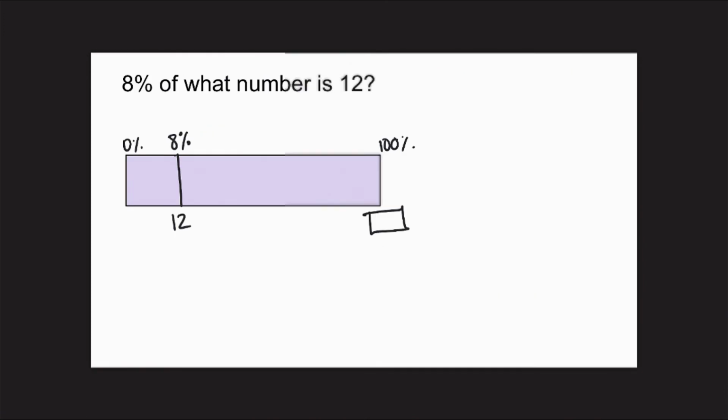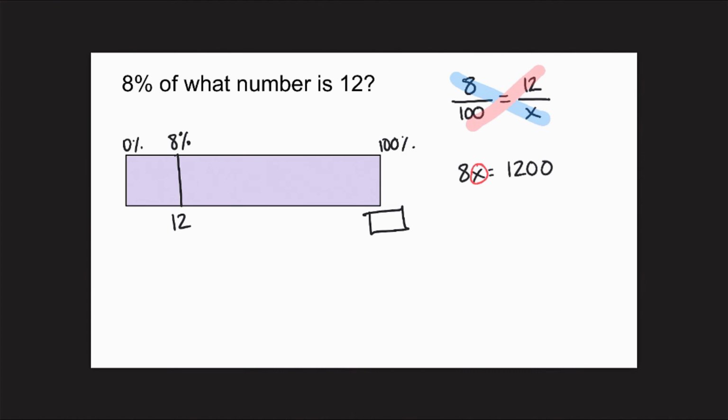So now that I know that, I'm going to make a proportion, starting with my percent. 8% is the same as, what do we know? 12 out of how much? We don't know, so we'll put an x. Then we're going to cross multiply. So we'll have 8x equals 1200. We need to isolate that x, get it by itself.